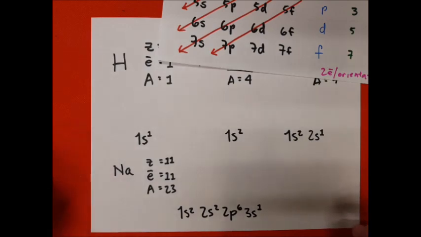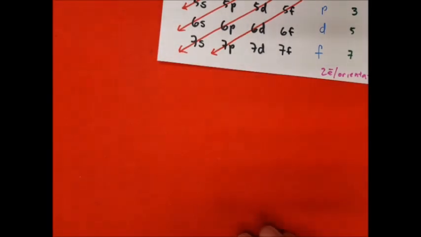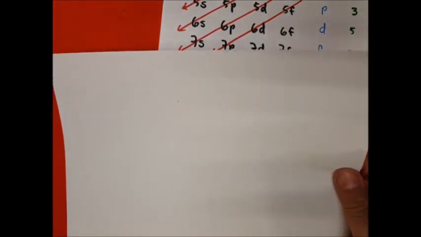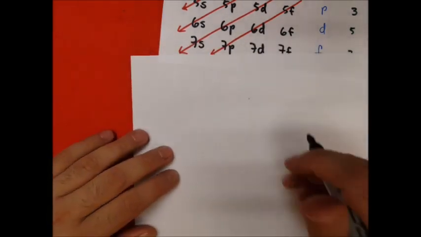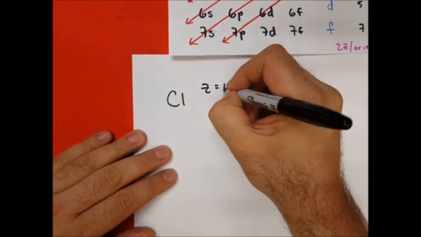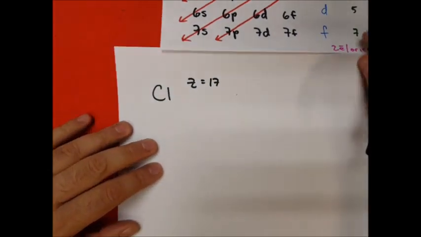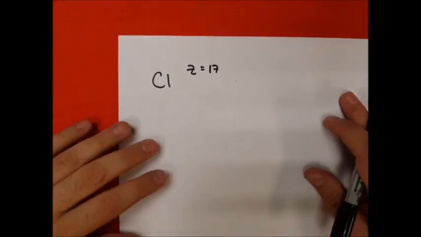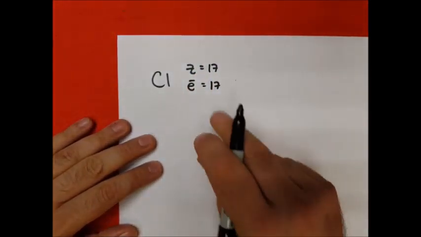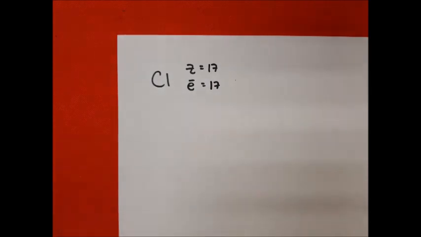Okay? If we continue on with other examples, let's try a much heavier atom such as chlorine. Chlorine's atomic number is 17, and that means that in its neutral form, chlorine is going to have 17 electrons. So these are the 17 electrons we want to occupy.